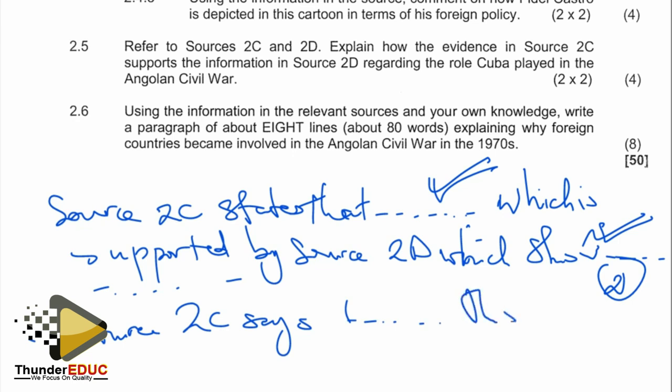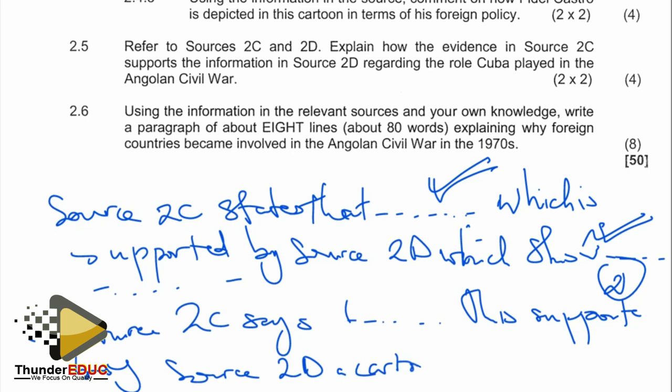This is supported by source 2D, a cartoon showing whatever aspect of the cartoon you see there. You find 2 marks for yourself there, like that at the end you get 4 marks.